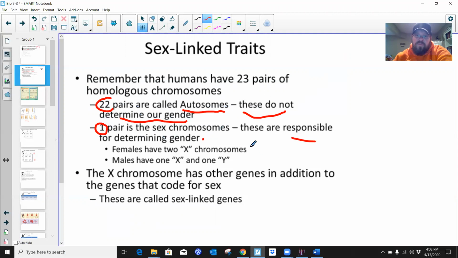So females have 2 X chromosomes, and males have an X and a Y chromosome. Males only have 1 copy of the X chromosome.